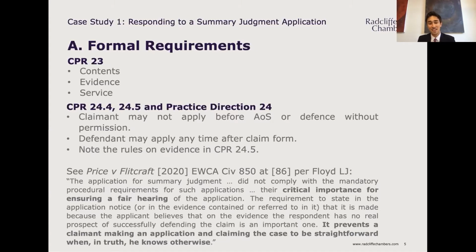And on the facts of that case, this was one of the reasons why the appeal against the summary judgment was allowed. So the take-home point, the first thing we need to consider, that we learned from the Price case, is that it's really important to make sure that the applicant has its house in order.